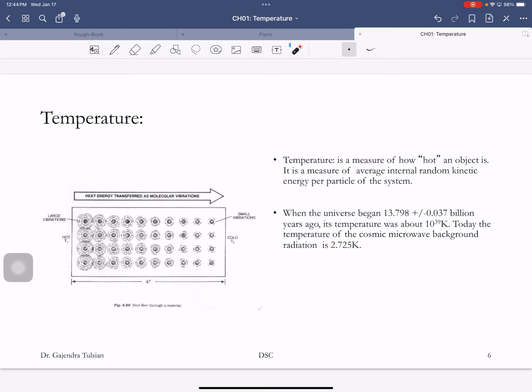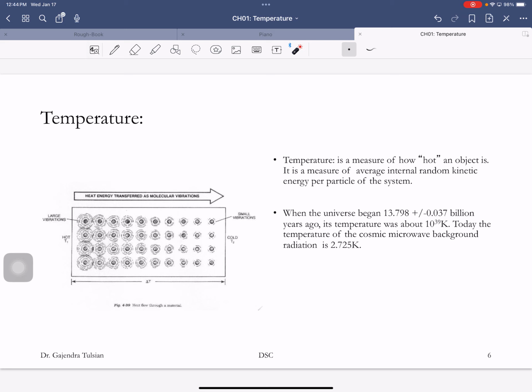And so what that means is, these atoms have fixed locations, but they're vibrating about their fixed location. So the temperature measures the average kinetic energy per atom here, and if this end is hotter, these have higher kinetic energy than these guys.